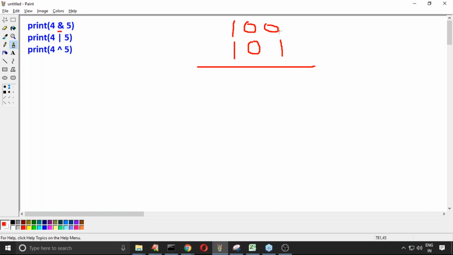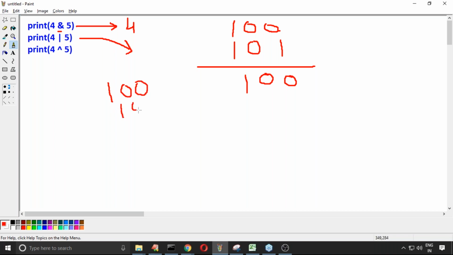AND means 0 and 1 is 0, next 0 and 0 is 0, 1 and 1 is 1. Then what is the output we get? 4 itself is the answer.